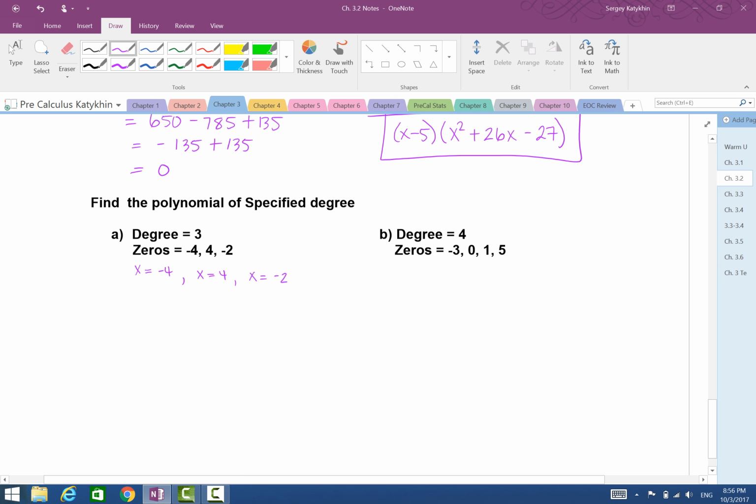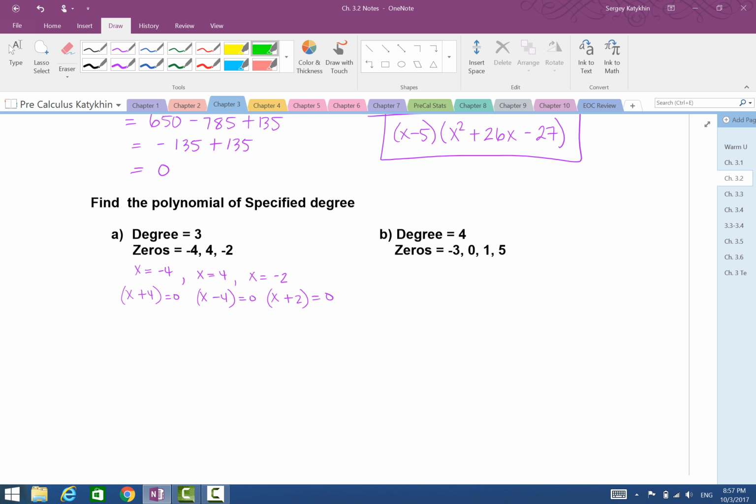However, remember, I can go backwards by adding 4 to this side and get x plus 4 is equal to 0. I can get x minus 4 is equal to 0. And then I can get x plus 2 is equal to 0.